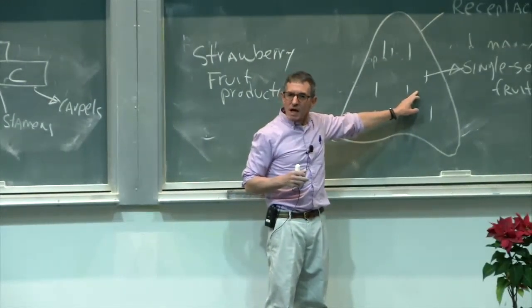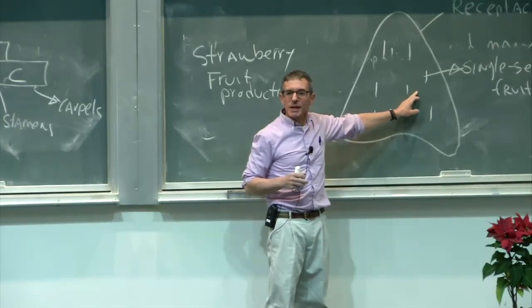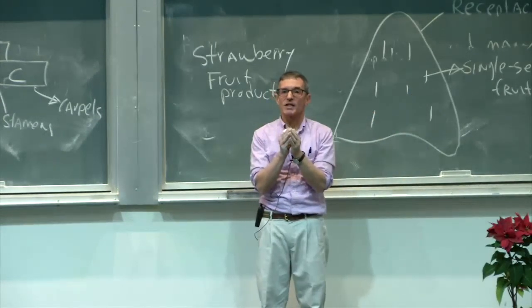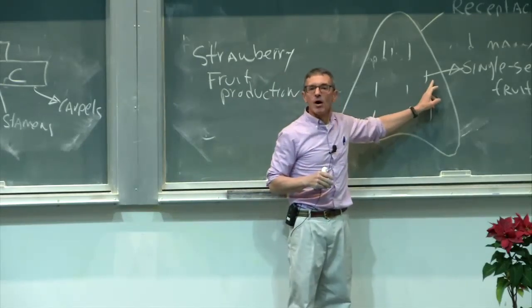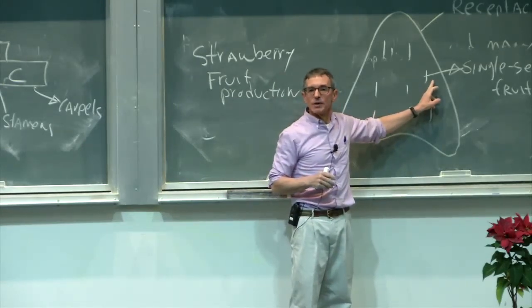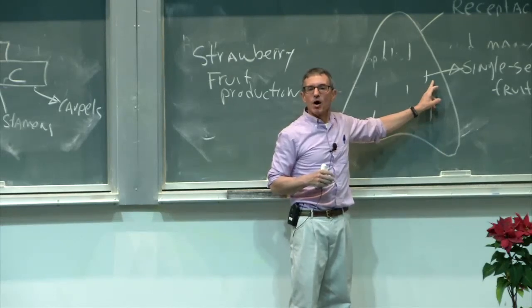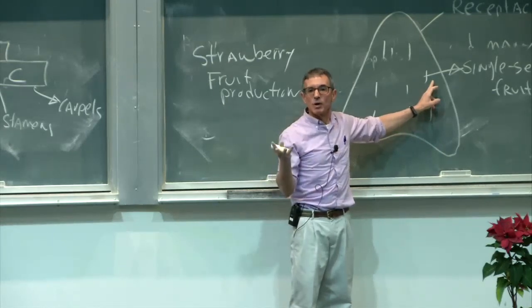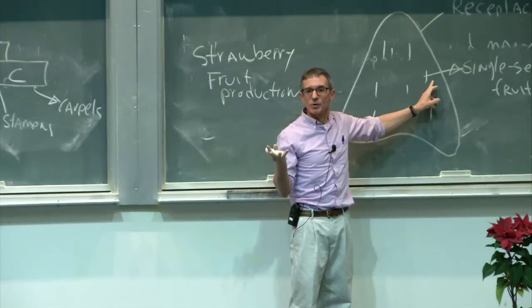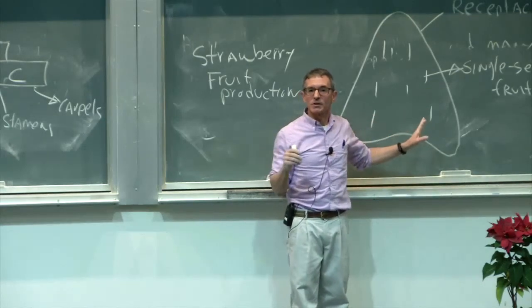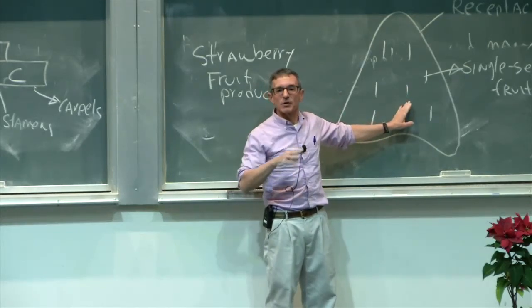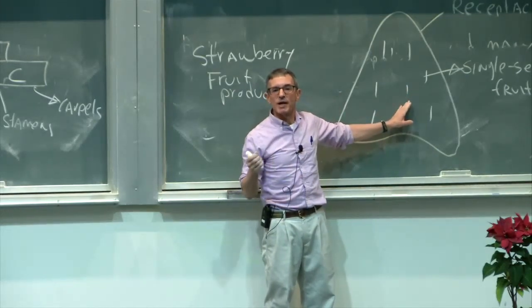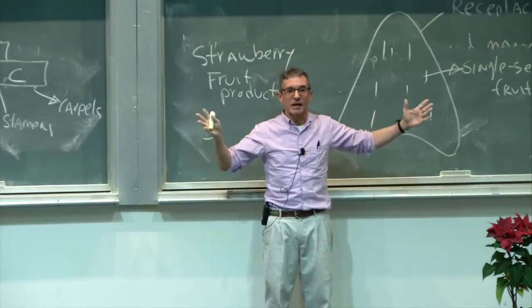And so what was done was to take receptacles before they expanded, before they got very large, and to remove all of the single-seeded fruits. They removed them all. And when all those single-seeded fruits, which were a site of auxin production, were removed, the receptacle didn't enlarge. But if you took that same receptacle from which you had removed the seeds and you sprayed it with auxin, it got big again.